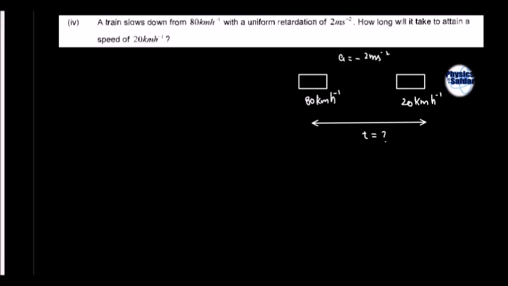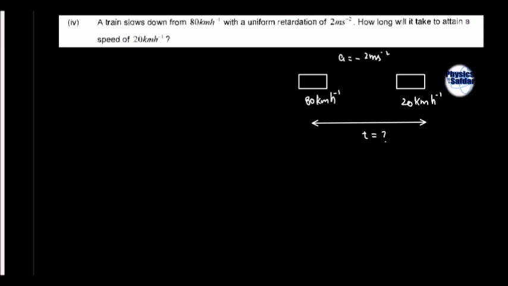Now question number 4. The question is, a train slows down from 80 km per hour with a uniform retardation of 2 meter per second squared. How long will it take to attain a speed of 20 km per hour? Look at this diagram, it will help you to understand the problem.